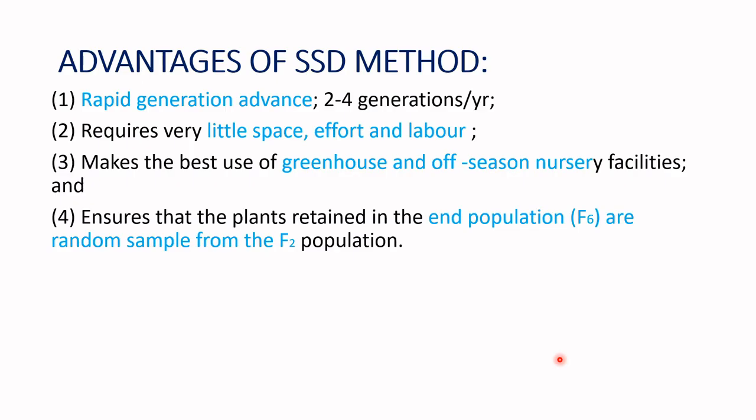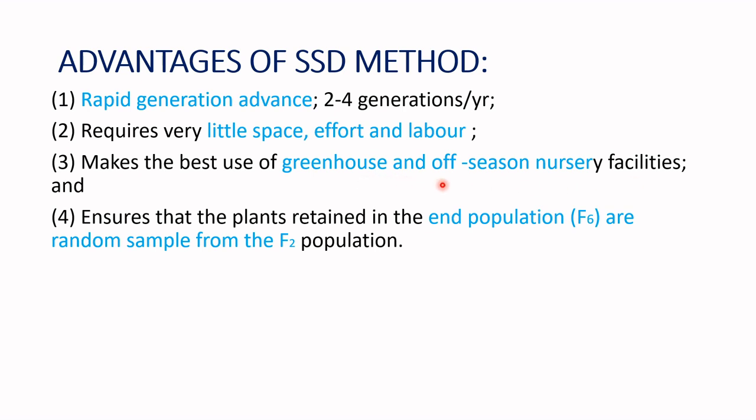Some of the advantages of the single seed descent method: it is a rapid method of generation advance. Two to four generations can be completed in a year. It requires little space, effort and labor, and it makes best use of greenhouse and off-season nurseries, because in one year two to four generations have to be advanced in this method. This is possible with the help of greenhouse and off-season nurseries.